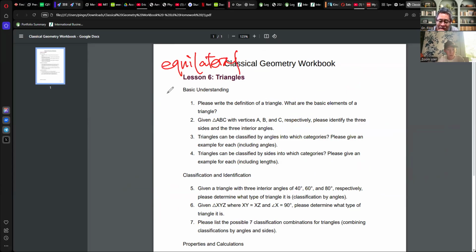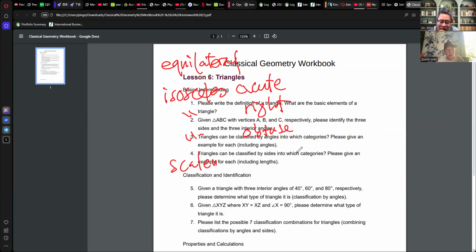Then we could have isosceles acute, isosceles right, isosceles obtuse. Then we could have scalene. Scalene we have 3 kinds: acute, right, and obtuse. So either way, we just got 7.